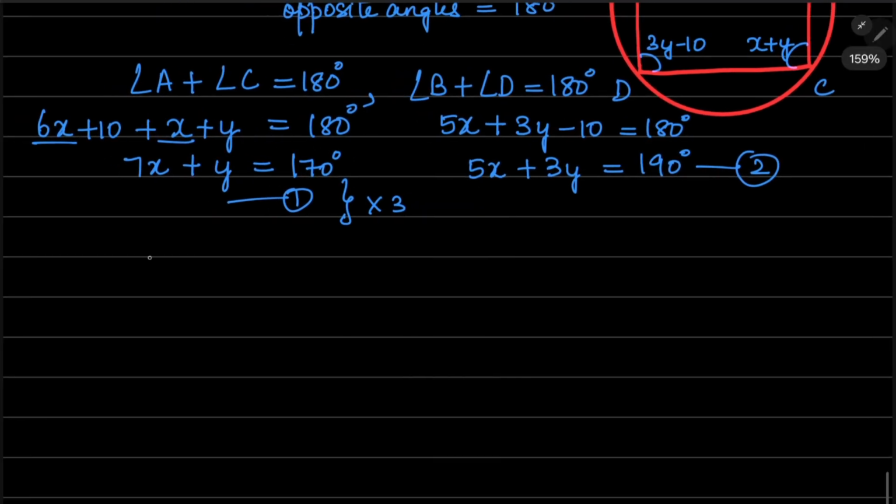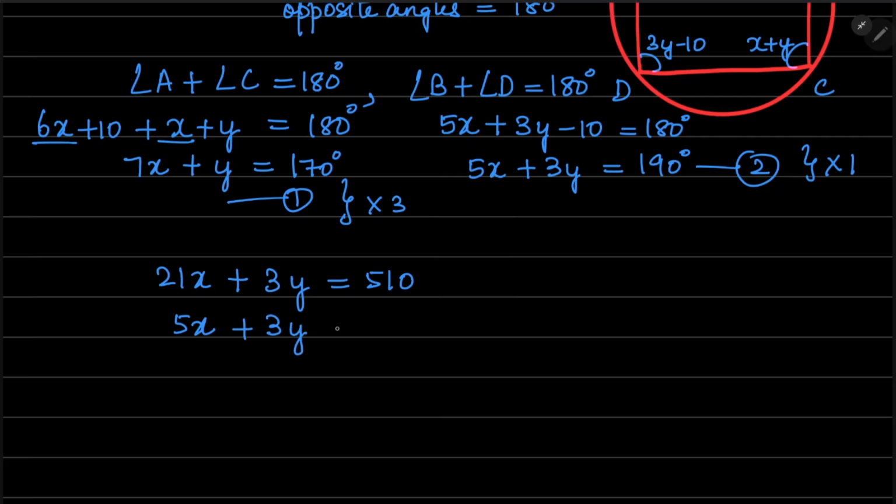So what will I get? 7 into 3, 21x plus y into 3, 3y, equal to 170 into 3, 510. And equation 2 I am just multiplying by 1, so I write the same: 5x plus 3y equal to 190.